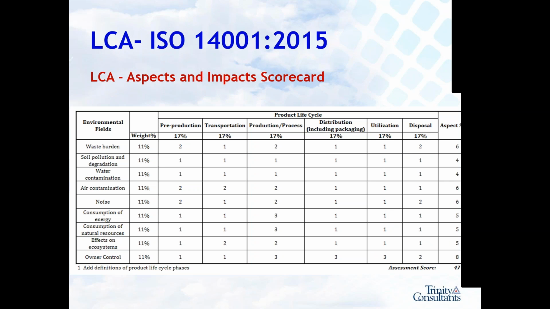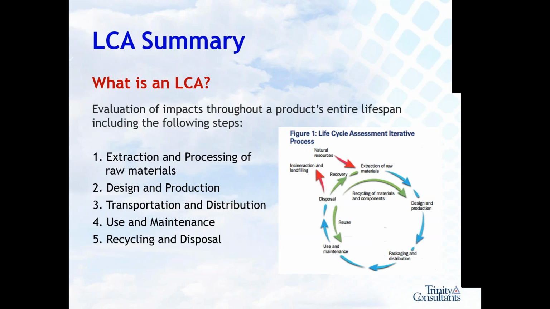This is a simple aspects and impact scorecard that we developed for a company that did not want to go very far with a life cycle analysis. Maybe if you are interested in a life cycle analysis, though, you go further and take advantage of this. Like we have Walmart that's trying to implement an environmental product declaration, much like the labels on your food.